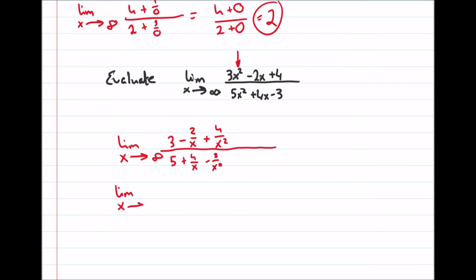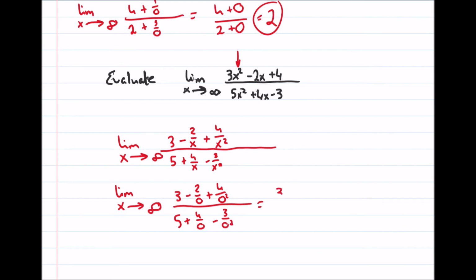Then let x equal 0, and we get 3 minus 2 times 0, plus 4 times 0 squared, over 5 plus 4 times 0, minus 3 times 0 squared.